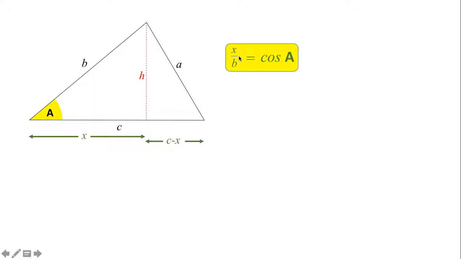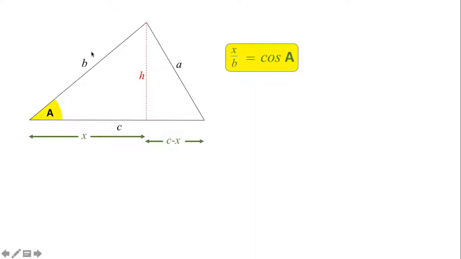Now, by definition, x over b is cos A. I'm looking at the right-angled triangle on the left here, and it's got an angle A there. Remember, cos equals adjacent over hypotenuse, so in this case that's x over b.